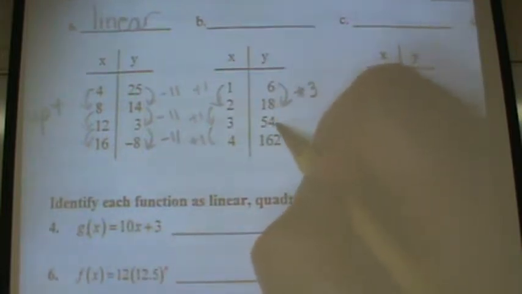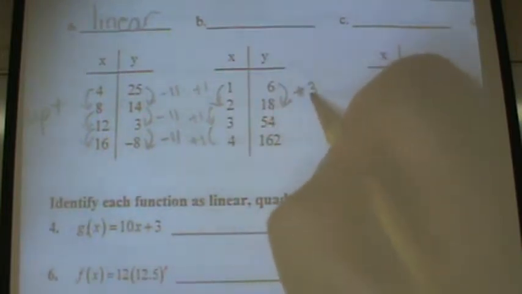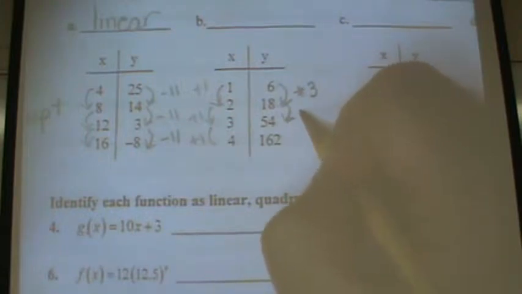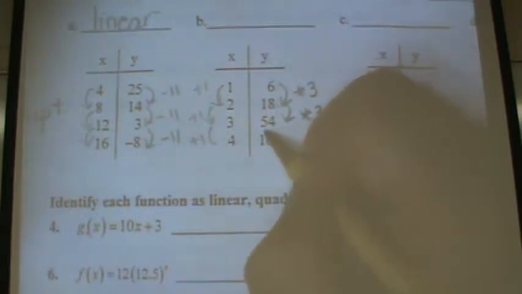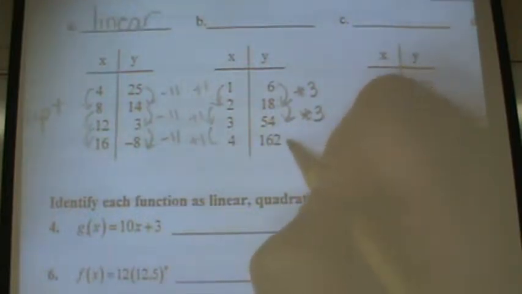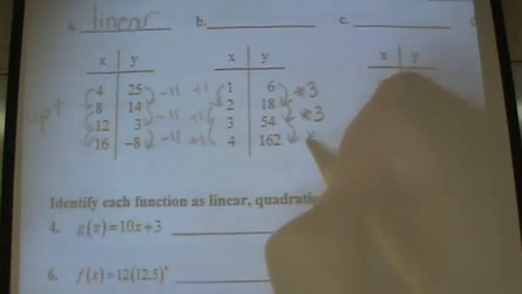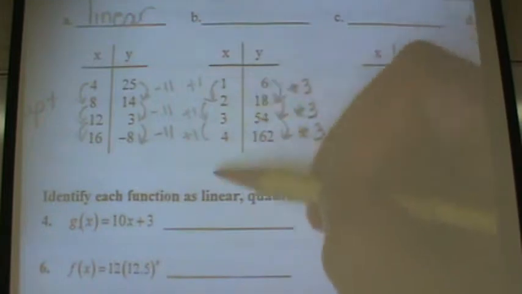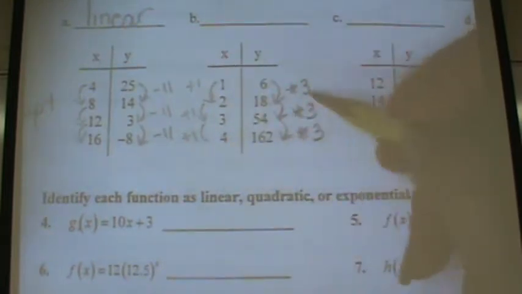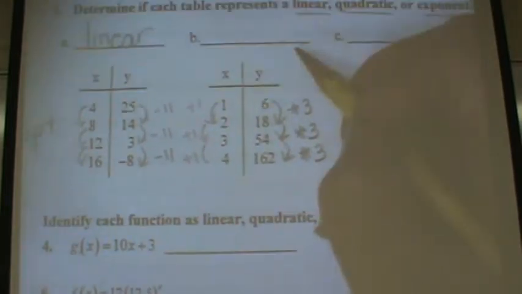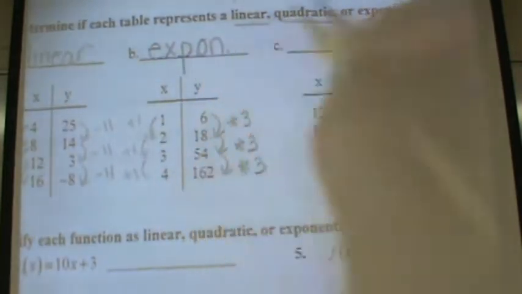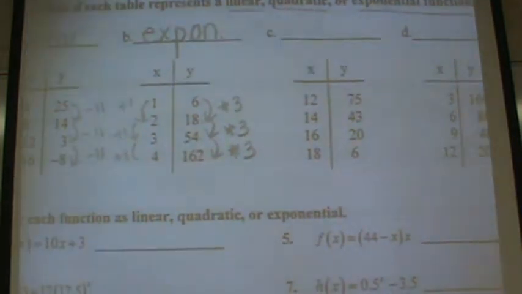What's 18 times 3? Is that 54? And is 54 times 3 162? Yes. So, if the x values are going up by something and the y values are being multiplied by something, what did we say this was? This is exponential. Exponential, I'm just going to abbreviate.